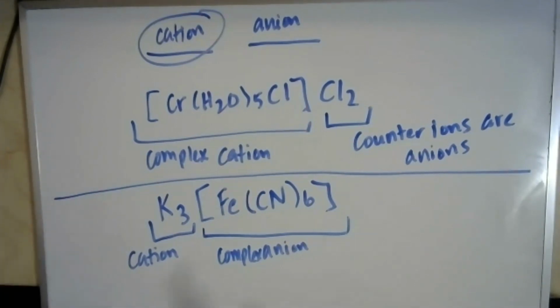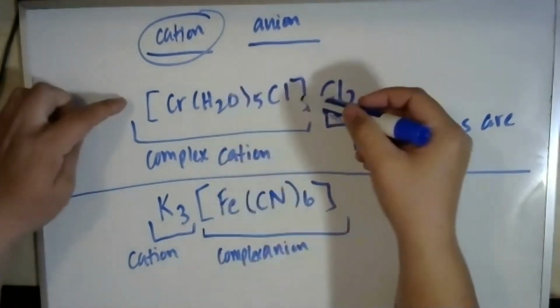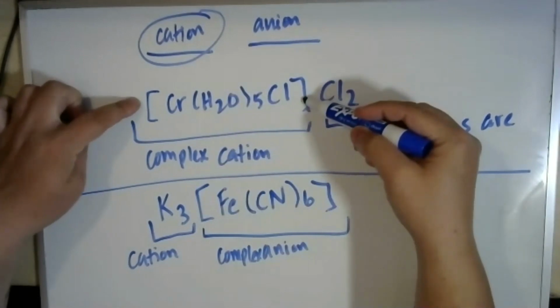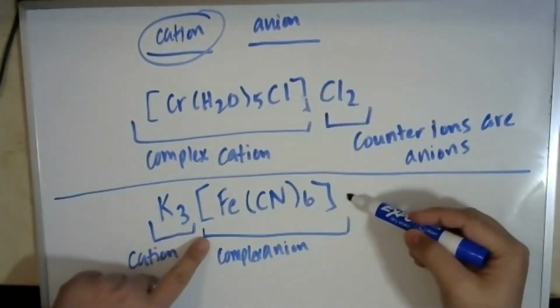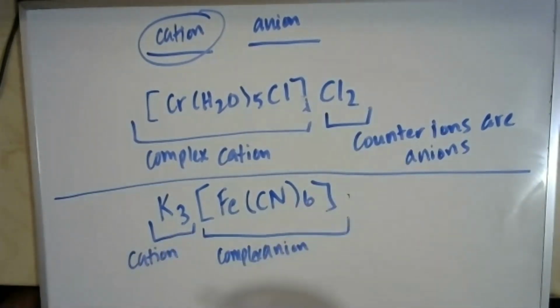All right, so when we're talking about the different rules for naming complex cations versus complex anions, that has to do with whether your bracketed ion comes at the beginning of the chemical formula or at the end. Okay.